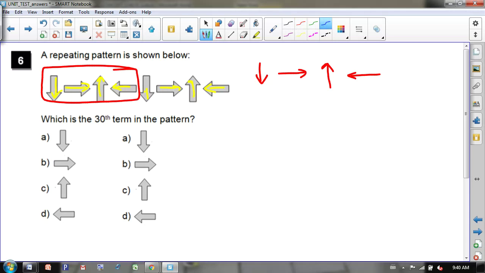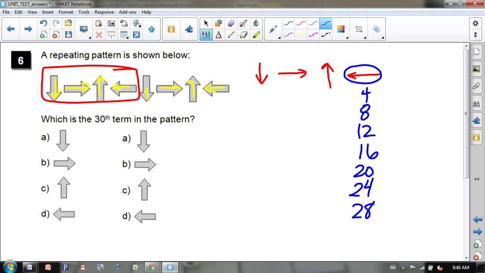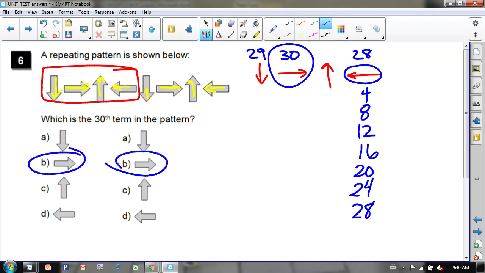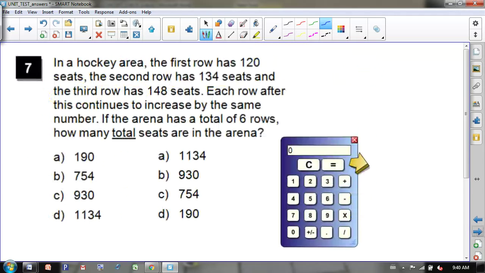Since there are 4 in the core, the left arrow is going to be every multiple of 4: the 4th term, the 8th, the 12th, the 16th, the 20th, the 24th, and the 28th. Since this one is the 28th, the next one would be the 29th, which is the down-facing arrow, and then 30, which is the one we're looking for, is the arrow facing to the right. So in both versions of the test, that's answer B.